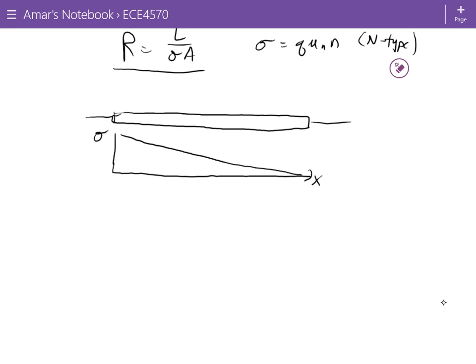So this is your resistor, the N-type semiconductor. We are going to break it up into smaller pieces.